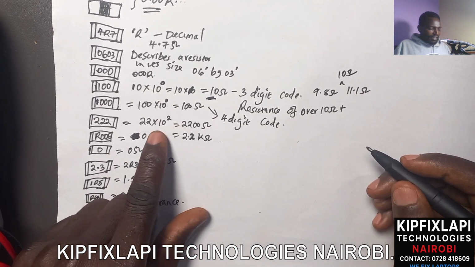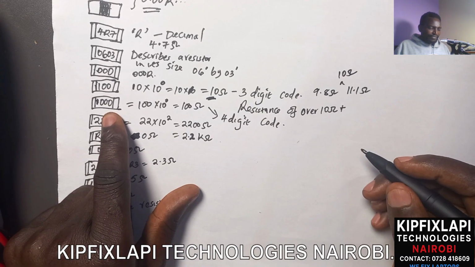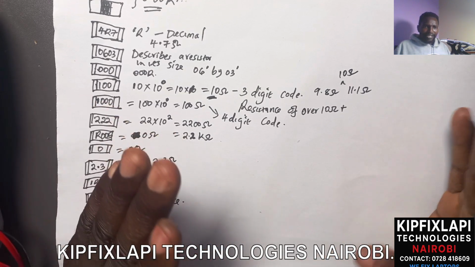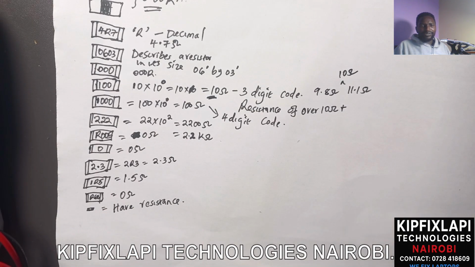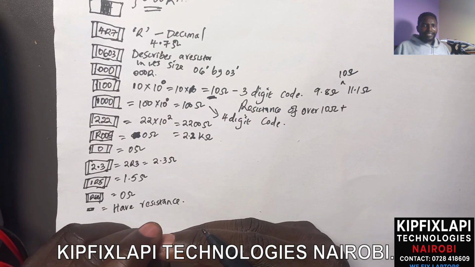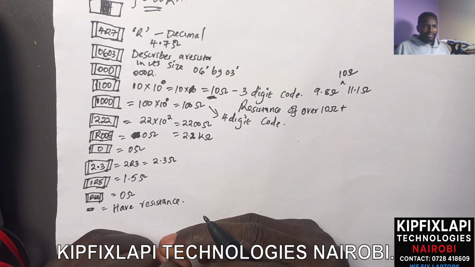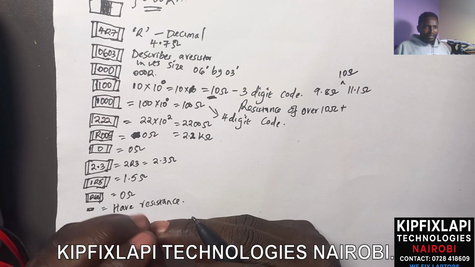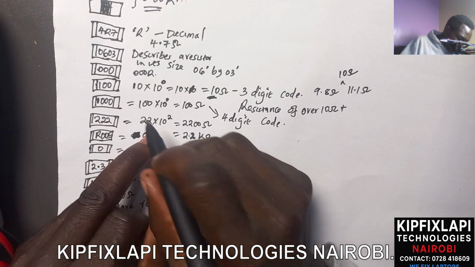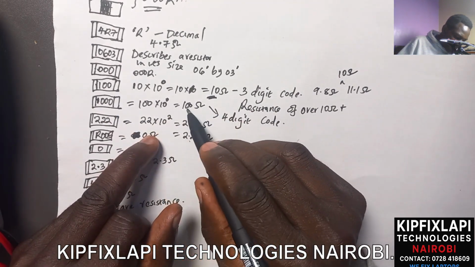Then the four-digit code, like this one, the accuracy for this is plus or minus 1%. We'll have an error of plus or minus 1%. So the first three digits for this four-digit code are the significant value, while the last one is the multiplier. For example, let's say we have this 1000, so this is 100 ohms.